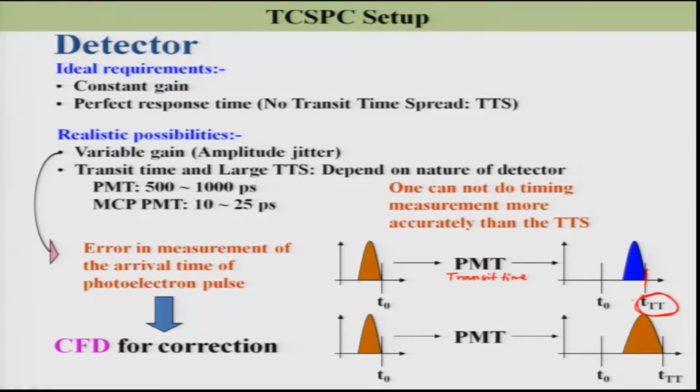But this is not a constant, because this width may vary. Sometimes I will get it at this position, sometimes at this position, and so on. This is called the transit time spread, and it is the most difficult part of this kind of detector.